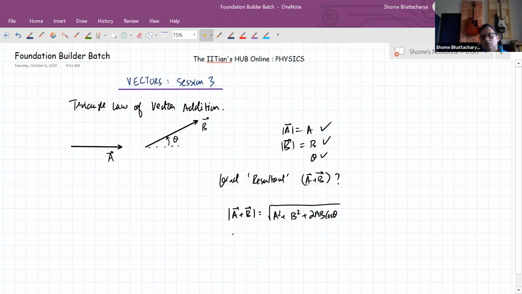And the angle made by the resultant is such that tan alpha is B sin theta upon A plus B cos theta.